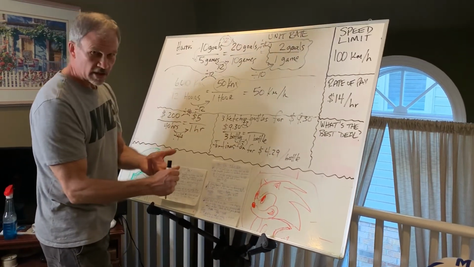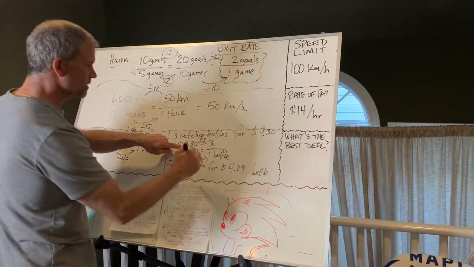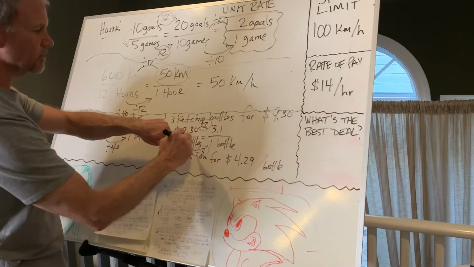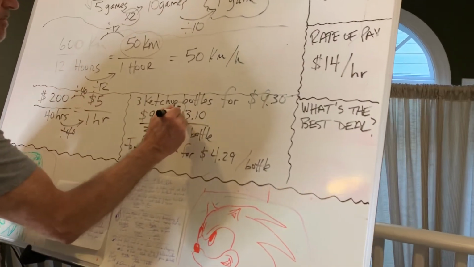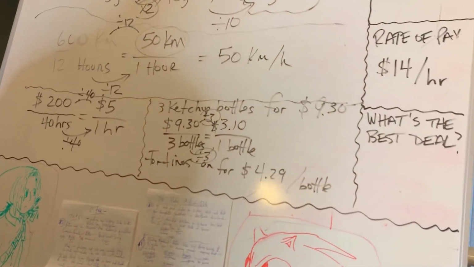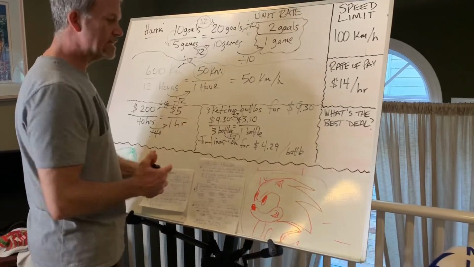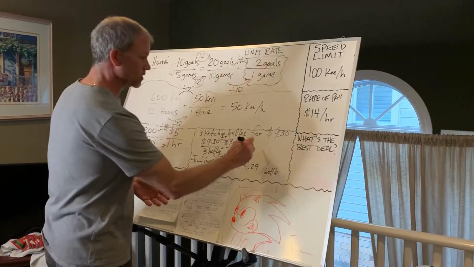We probably don't need a calculator for this one. 3 into 9 goes 3 times. 3 into 3, so the decimal, 3 into 3 goes once. And of course the 0 is just carried in there. So this becomes $3.10 per bottle. So if I said, what's a better deal per bottle? Oh, $3.10, better than $4.29. So therefore, I'm going shopping to Costco.